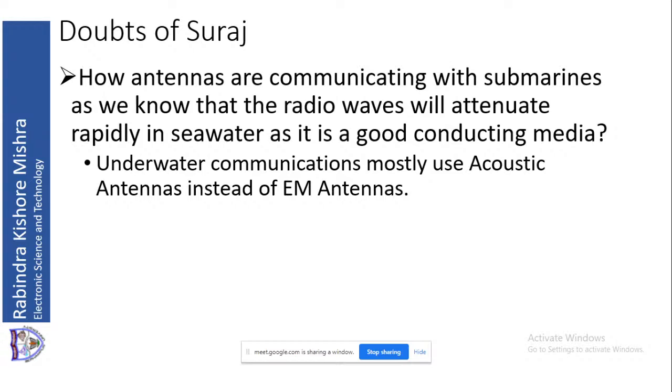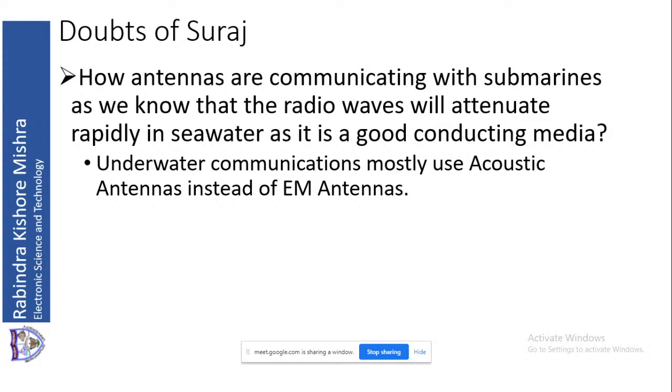And when it is in deep sea or far away from the source, 50-60 kilometers away, it is only sonic communication, and in that case they do not communicate with the ground station directly.